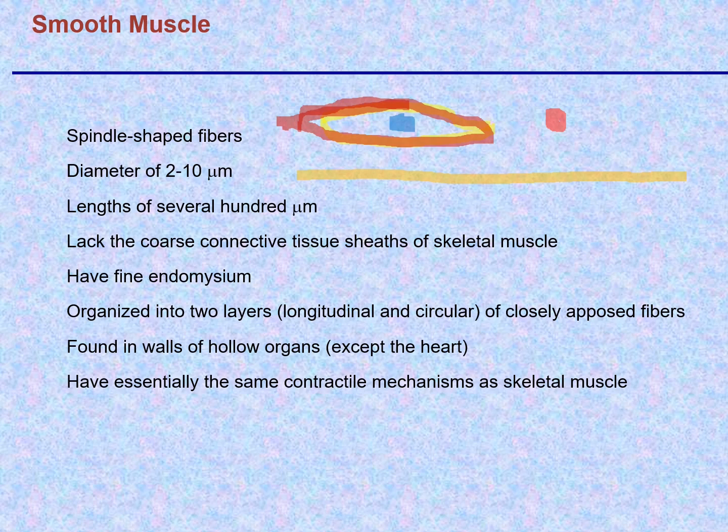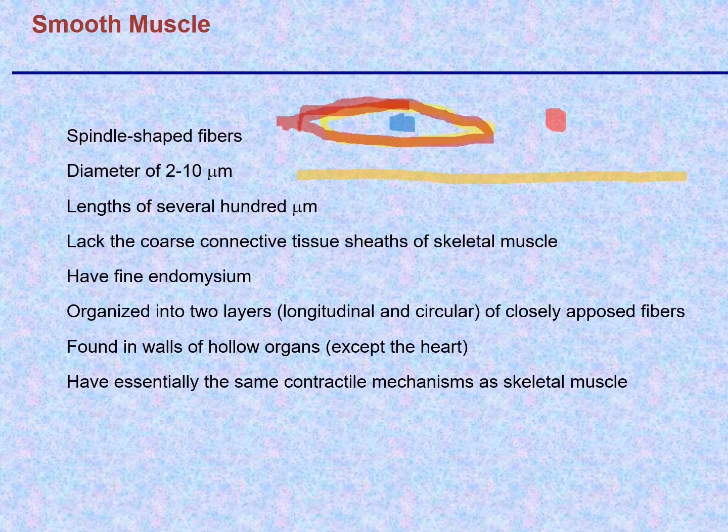Typically they are organized in 2 layers along the tube-like structure that they surround. One is a longitudinal layer where the cells are all running in the same direction as the tube-like structure, and the other layer is a circular layer where it's running around the diameter of that tube-like structure.